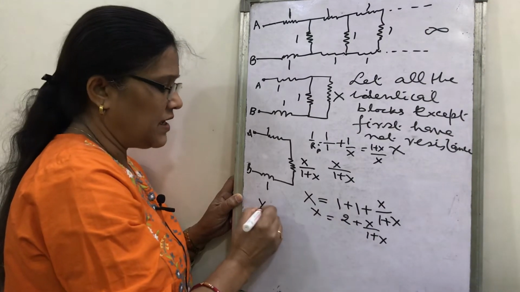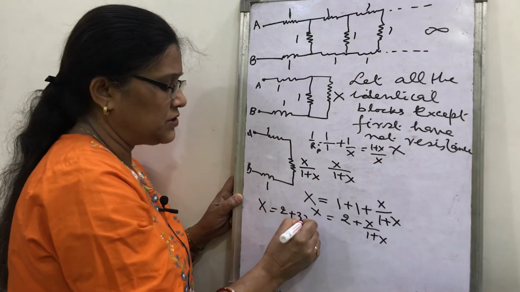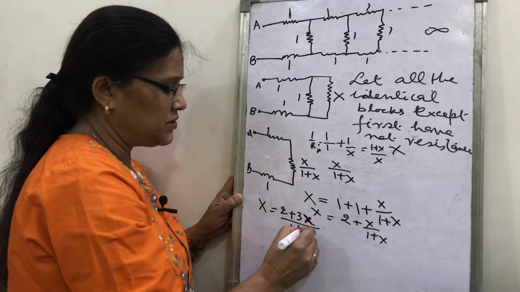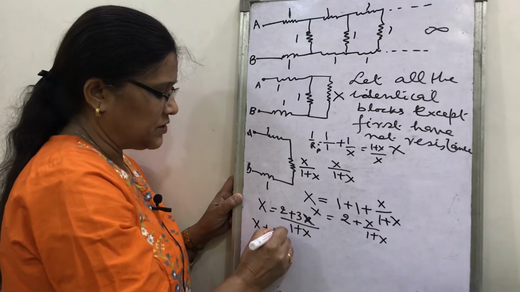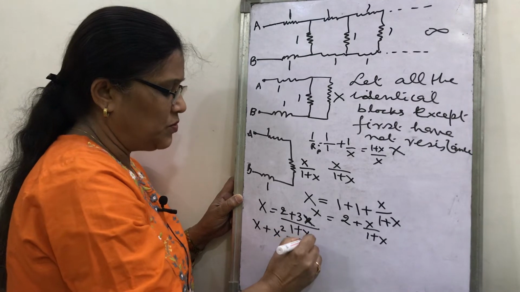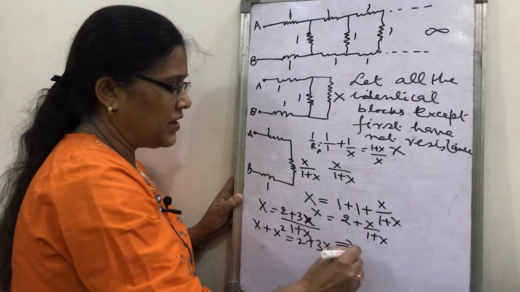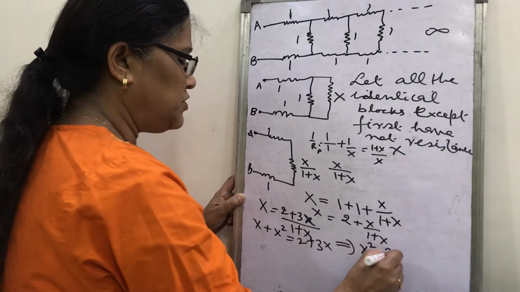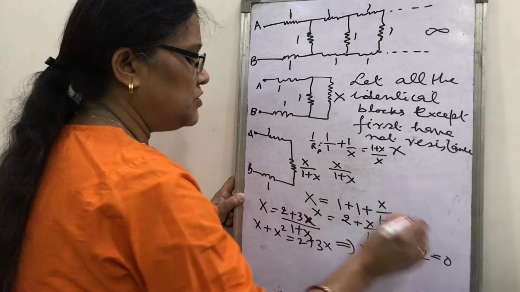So you will get X equals 2 plus 3X upon 1 plus X. So this will be X plus X square equals 2 plus 3X. So you will get here X square minus 2X minus 2 equals 0.